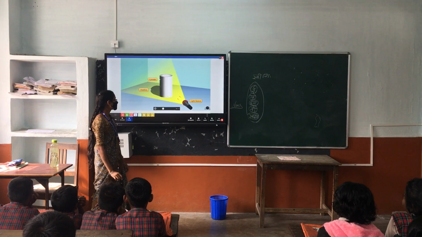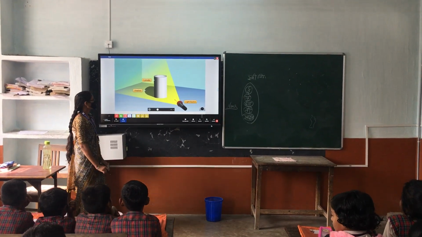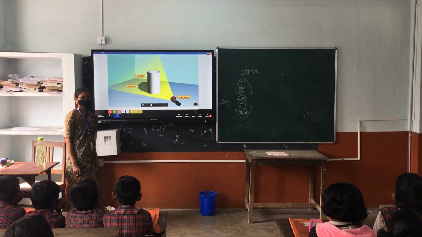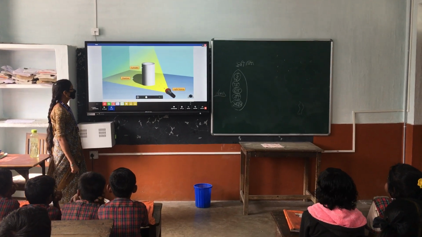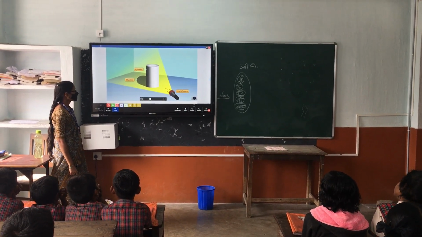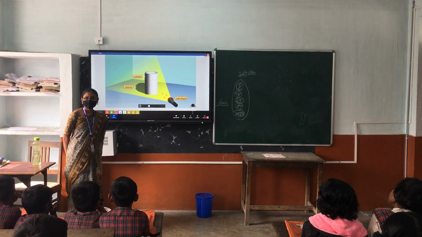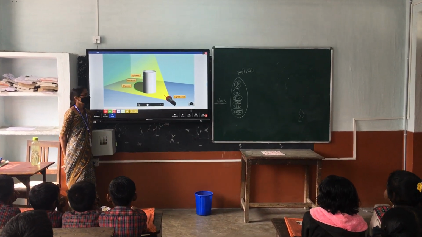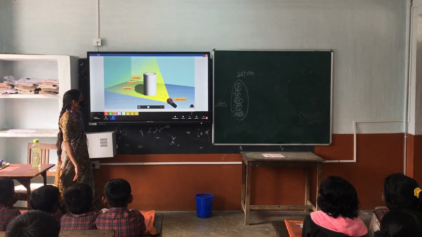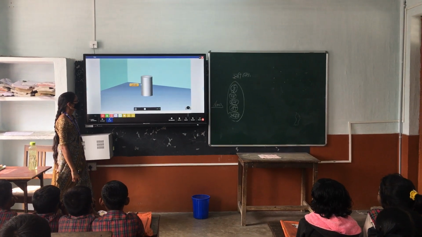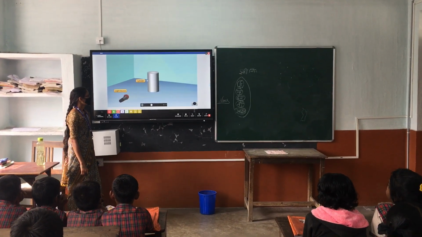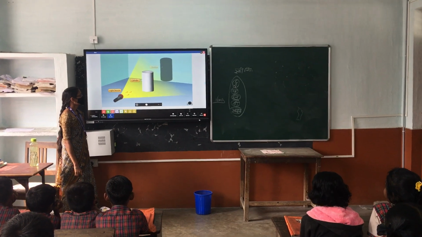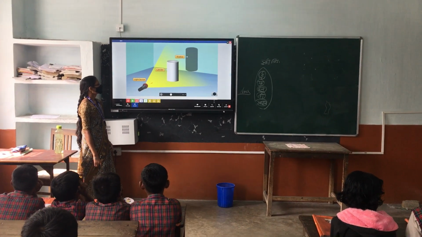Note that the shadows of solid objects are not solid, but flat-shaped. Look, the shadow of this cylinder is almost rectangular in shape. Now look at this arrangement. Here, the shadow of the cylinder is cast on a screen.